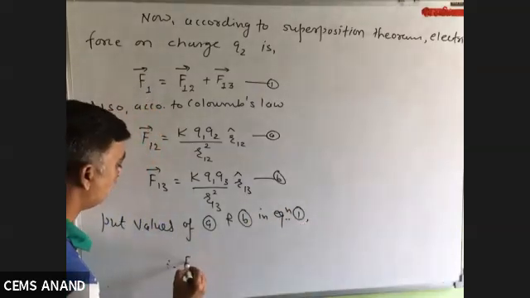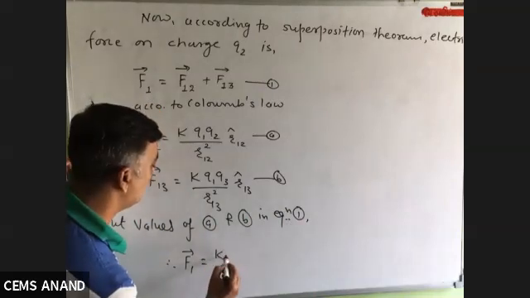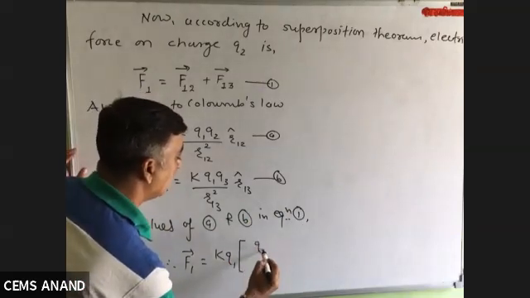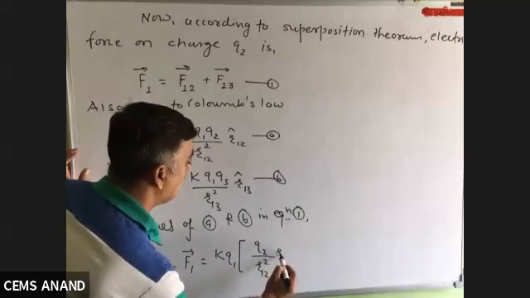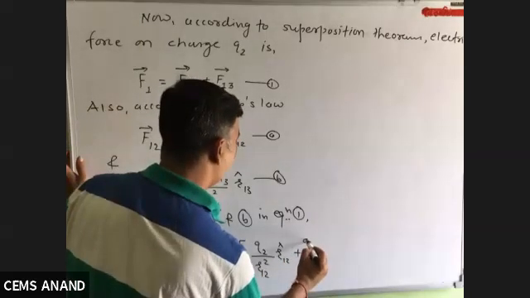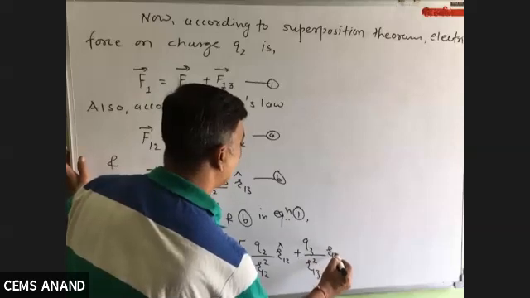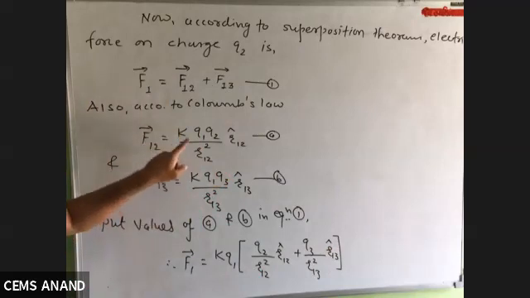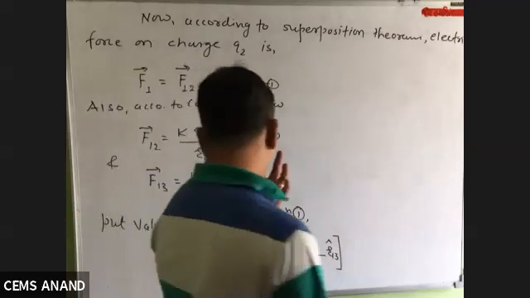Then our new formula: F1 is equal to K Q1 Q2 upon R12 squared R12 cap plus Q3 upon R13 squared R13 cap. Right? Here we can see that K and Q1 are common in both the cases. So the formula is like this.